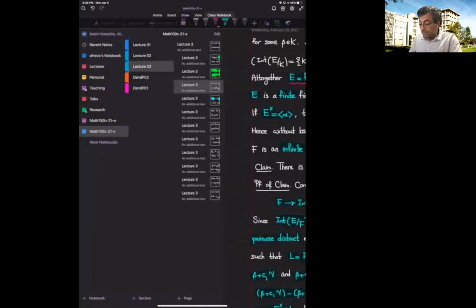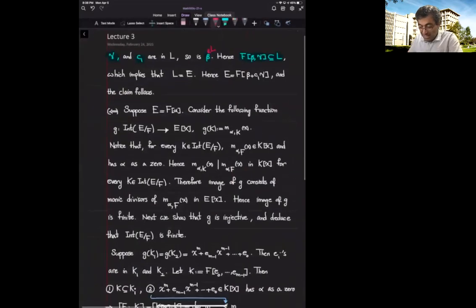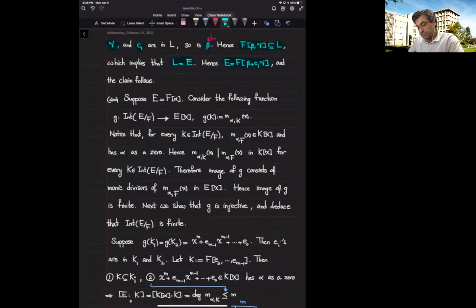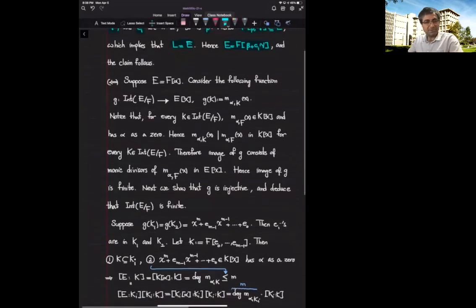So altogether, we deduced that this L, where infinitely many of these C sub i's give me this intermediate subfield, is indeed the entire E. Therefore, E is generated by this element beta plus C1 gamma. In fact, for infinitely many C sub i's, I can get the same equality. Therefore, I get this equality. That's good. So this implies that the left-hand side implies the right-hand side.